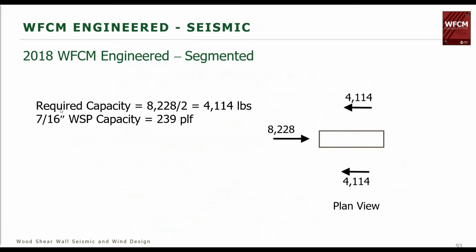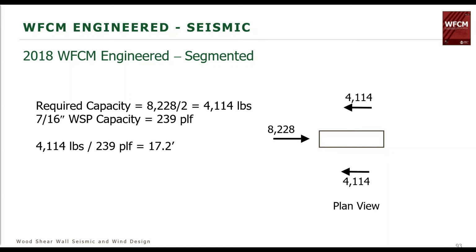So we have our required capacity. First, the demand on the whole building is 8,228. And then we divide that by 2 because we have 2 lines of resistance, 2 shear wall lines. So we have 4,114. And then our capacity, as mentioned previously, is 239 pounds per linear foot.